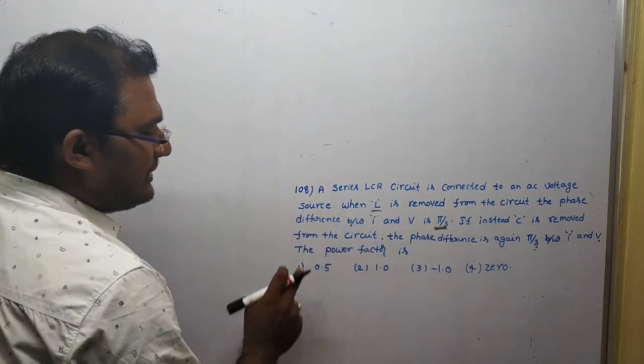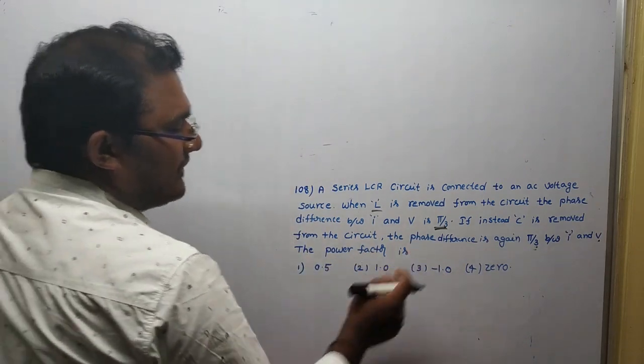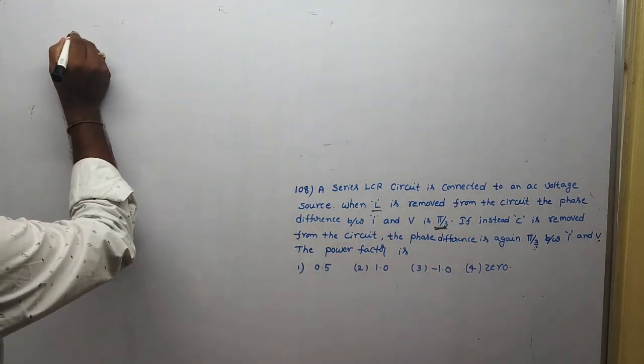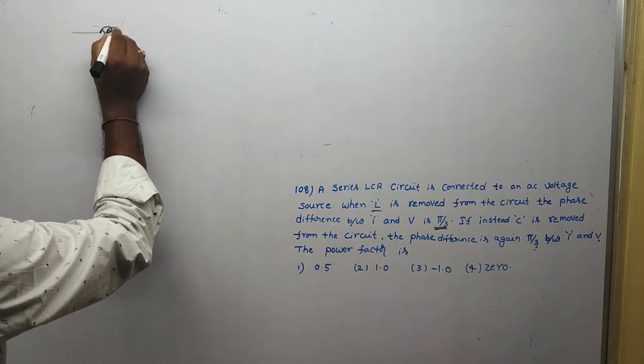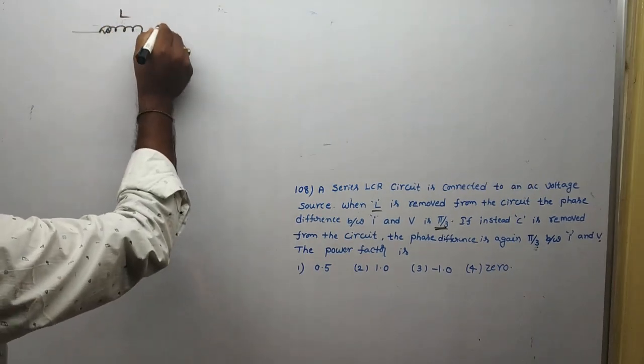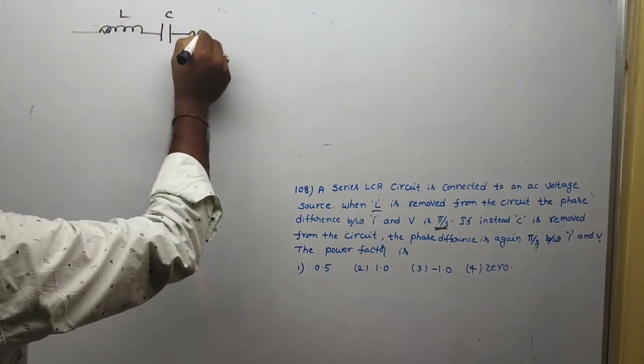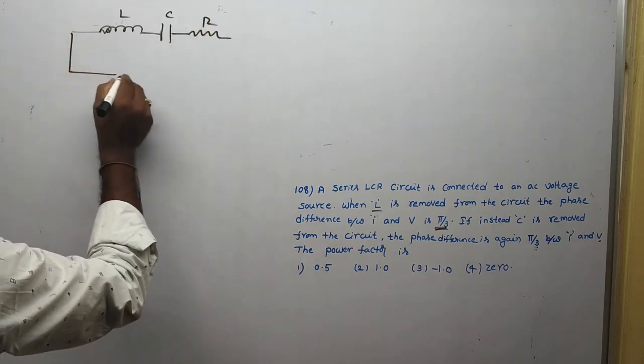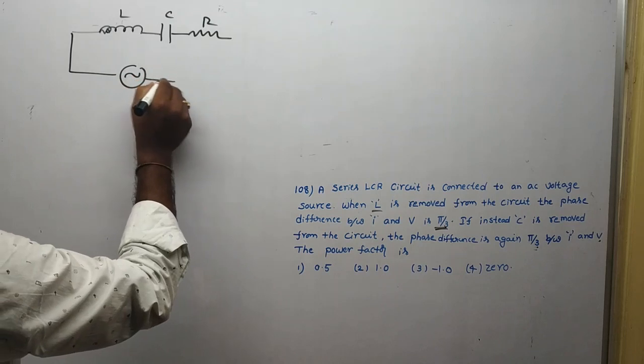Then we have to calculate the power factor of the circuit. Here in LCR there is an inductor L and capacitor C and resistance R, which are connected in series to an alternating EMF E.